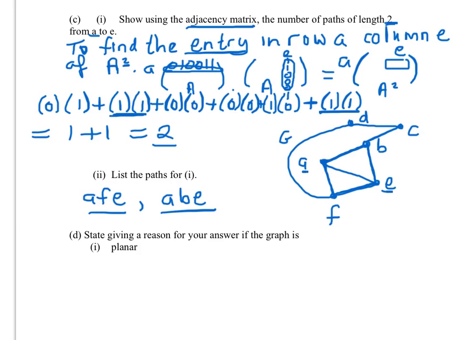And we want to look at the entry in row A, column E. To get that, you multiply A by A, you multiply the corresponding entries to get the row A, column E entry of A squared, as I've done here, and you get the value 2. You can list them very easily from the diagram version of G. The two paths are AFE and ABE.